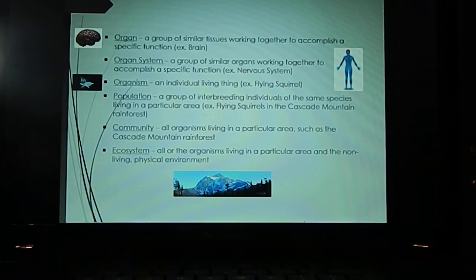So if you were looking at a cardinal and a robin and a blue jay in your backyard at the water bird bath, and you were watching their behavior, those three species, then you're looking at the community level.